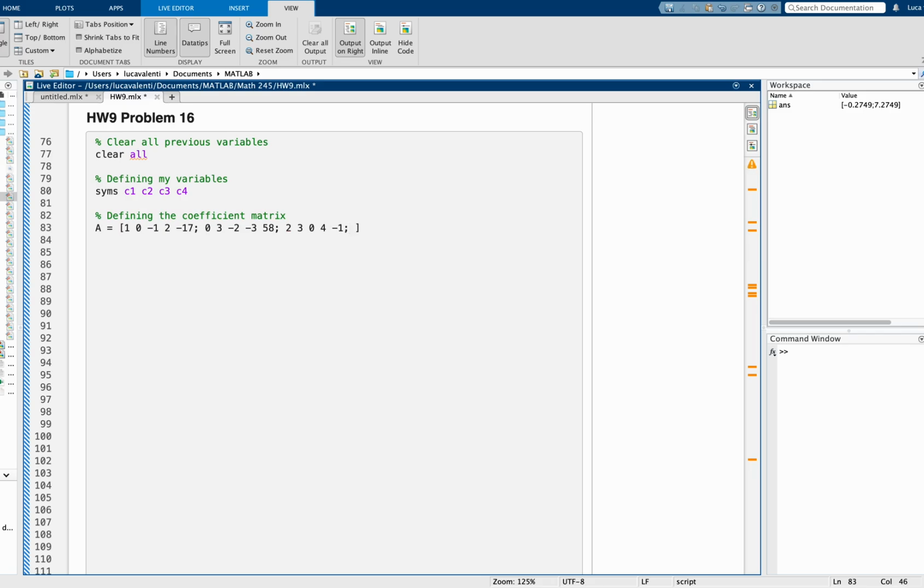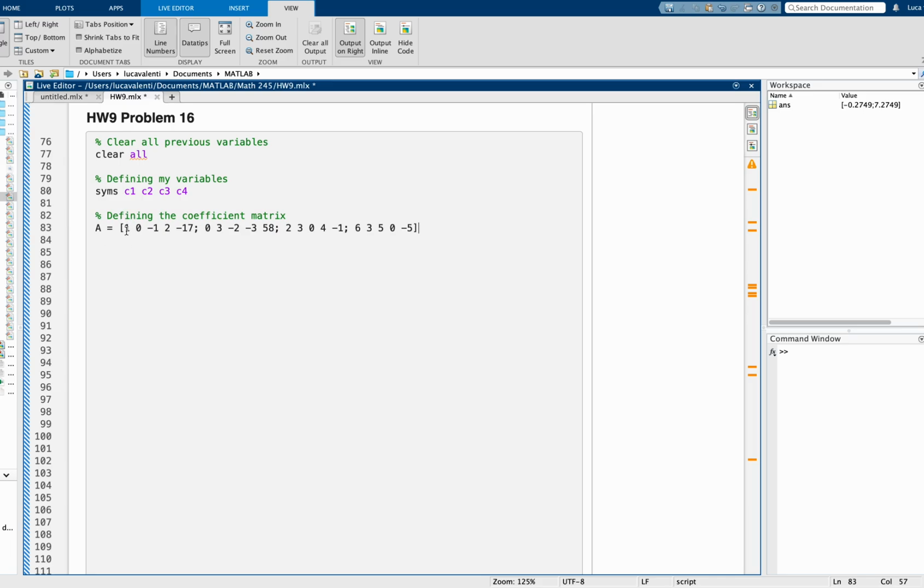Finally, we have the last row, so we put a semicolon again, and we have C1 with a coefficient of 6, C2 with a coefficient of 3, C3 with a coefficient of 5, and C4 does not appear, so we'll put a 0 in there. All of that is equal to -5.